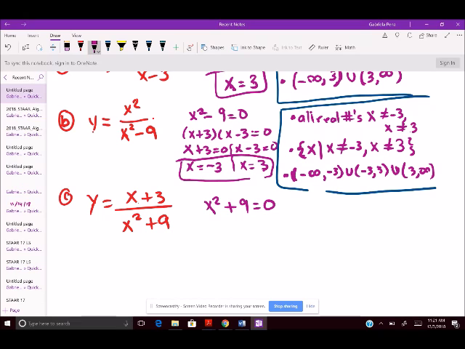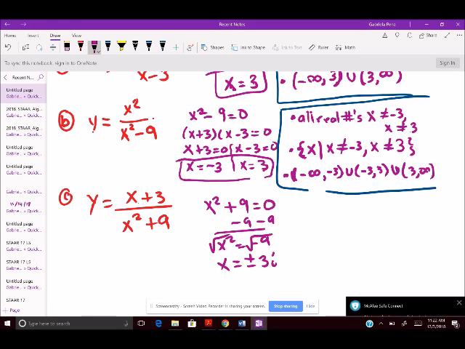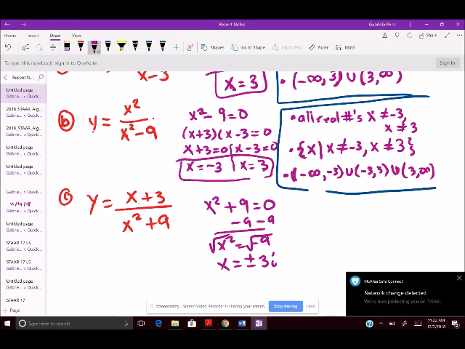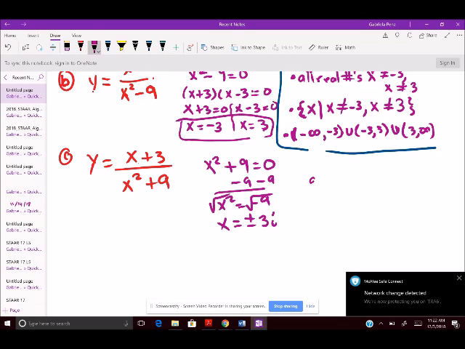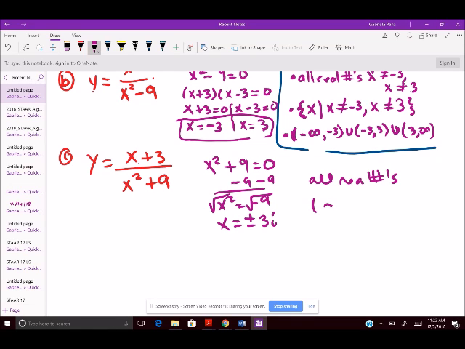No. So if I were to do it the way I mentioned earlier, subtract 9, x² equals -9, and you take the square root, we end up with a what kind of answer? Positive or negative 3i, because it's a negative inside of the square root. Since that is not a real number, my answer is going to be all real numbers, because nothing is keeping it from being anything, or -infinity to +infinity.